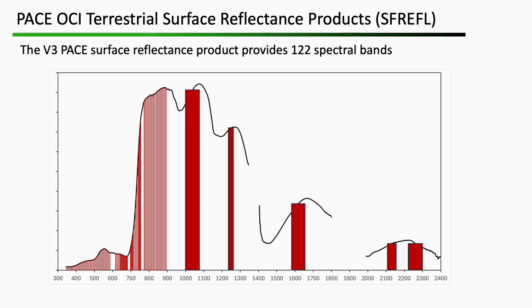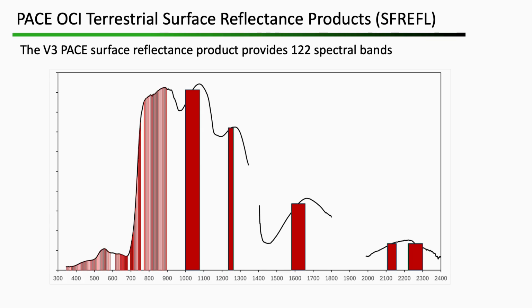From the ultraviolet to the near infrared, the bands are spaced at 5 nanometer intervals, except for a couple of places where you can see gaps. These are there due to problems with the detectors, or the atmospheric correction produces bad data, so those aren't provided.